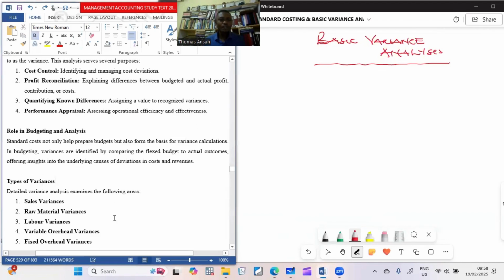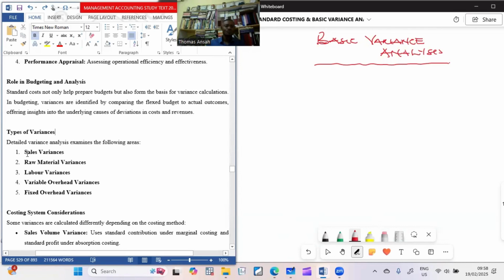And the types of variance, I think we have already gone through. All right. So we have the sales variances. That is the one that we will start with. We have raw material variances. We have the sales, the price, and the volume. Raw material is the same thing, labor, variable overheads, and fixed overheads, because these are what come into the cost of a unit.